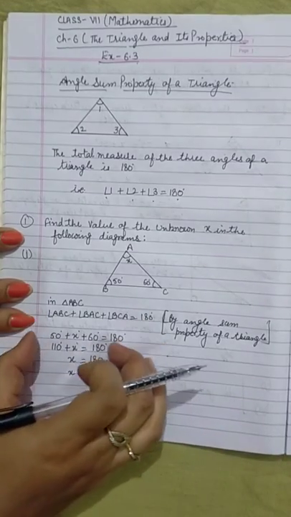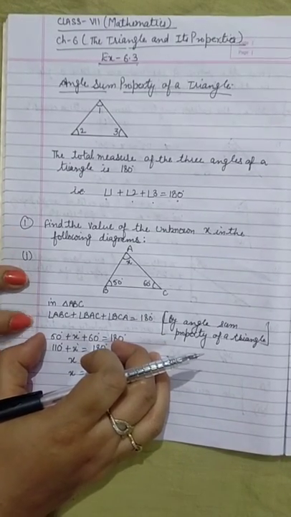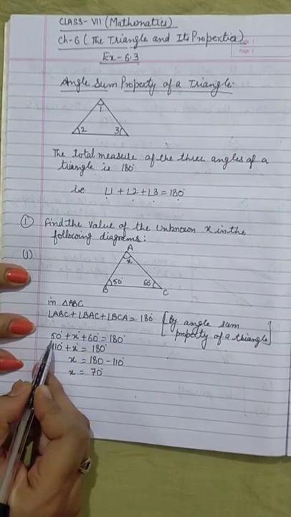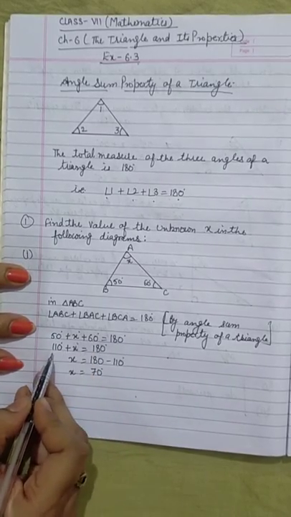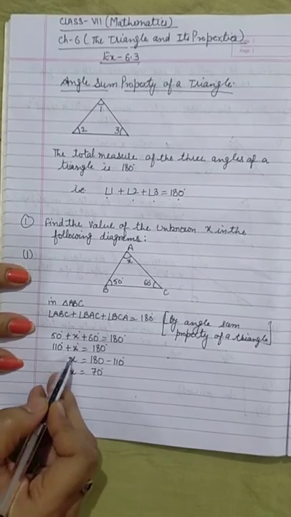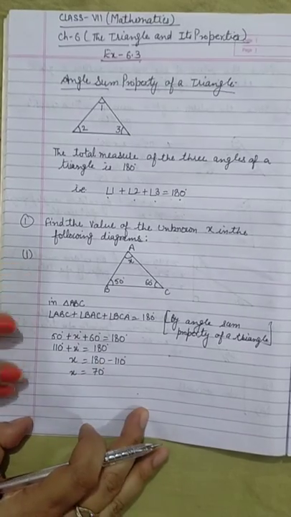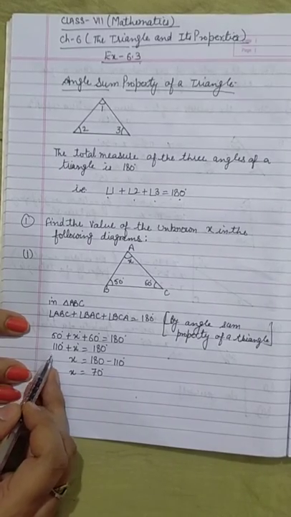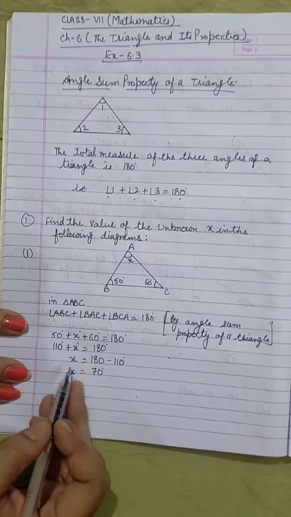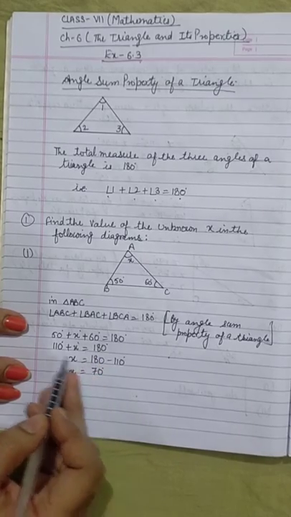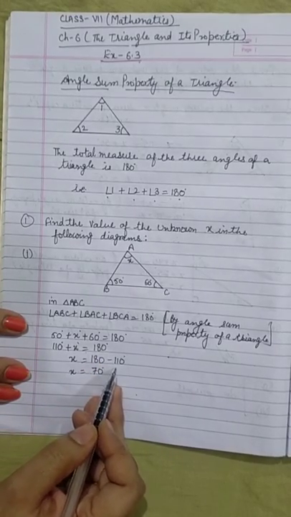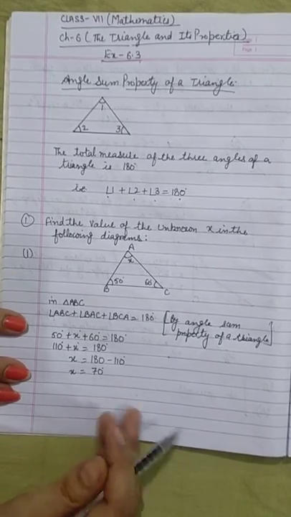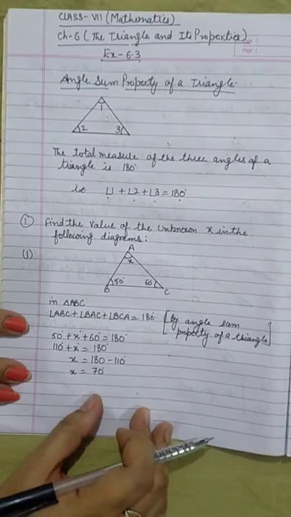So we'll substitute the values here and simplify: 50 degrees plus 60 degrees equals 110 degrees, plus x equals 180. Now we will take 110 to the other side, means x equals 180 minus 110. After simplification, the value of x is 70 degrees.